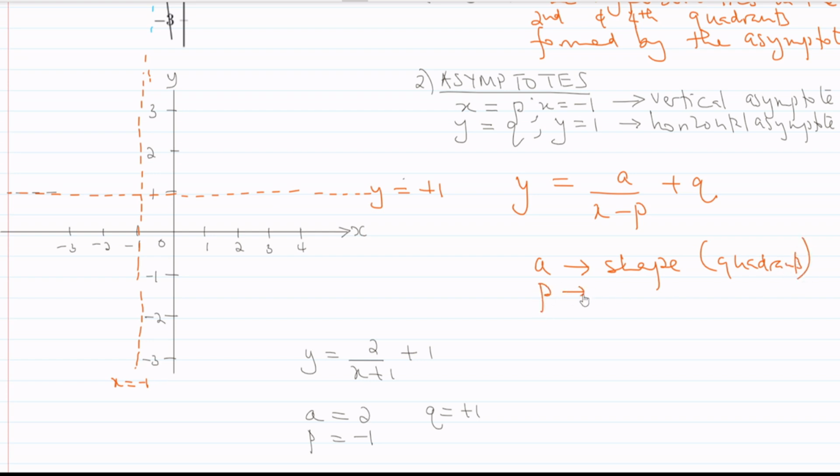P defines the vertical asymptote. Some call it the horizontal shift. In other words, it looks like we have shifted our y-axis to the left or to the right. So that is a vertical asymptote, and the q represents the horizontal asymptote.